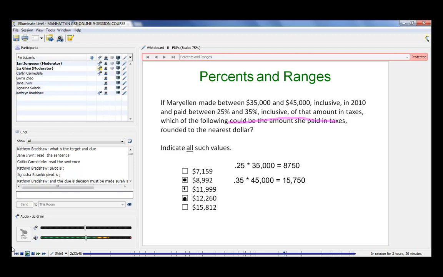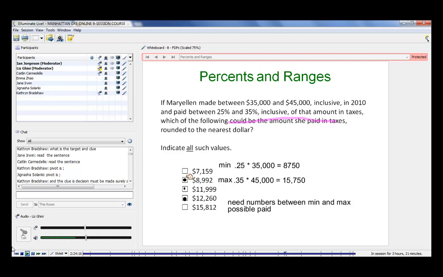So this is the min. This is the max. Need numbers between min and max possible paid. Now, a number of people were off by one, either picked up this last one or picked up this first one. So you may not have been using your calculator.